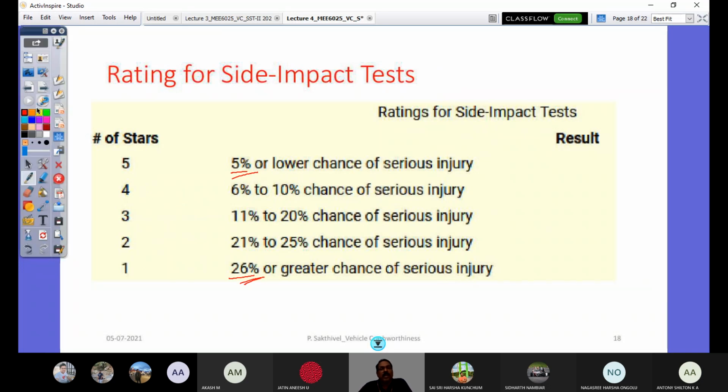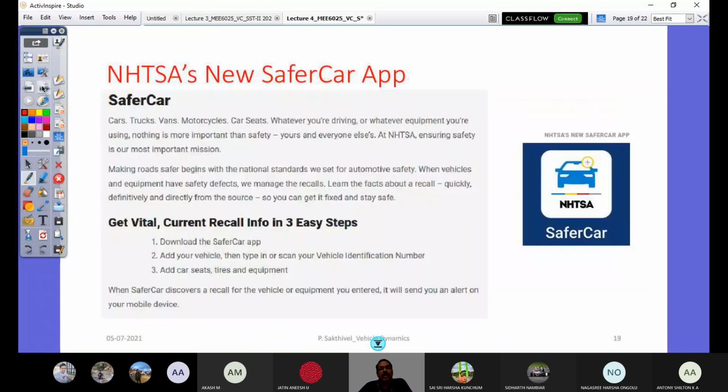These are some star rating programs, and you see there is a new app that has come out. There is revoking or callback of vehicles which are not safe, and such information should be readily available. This Safecar app has been introduced.